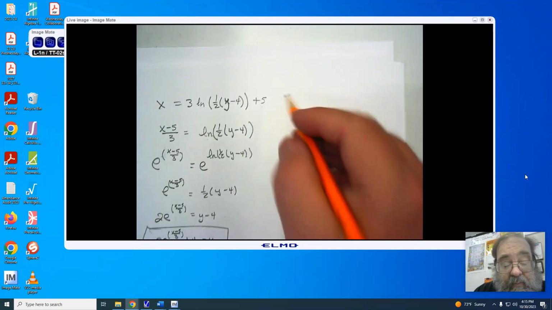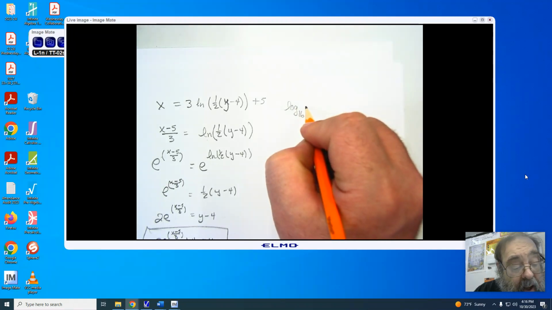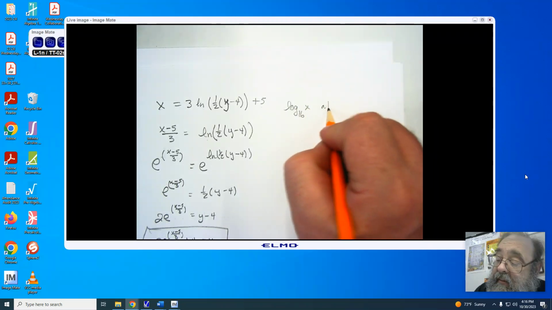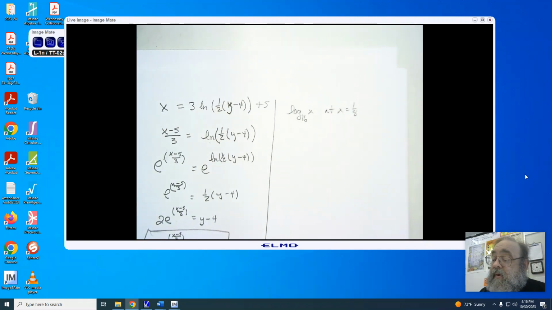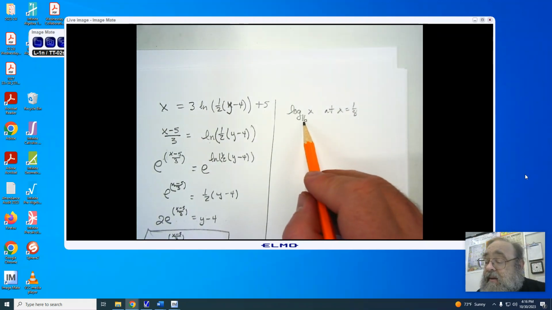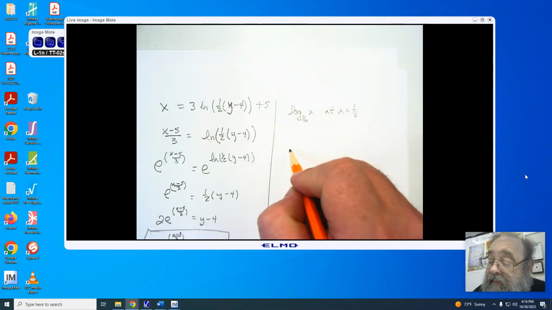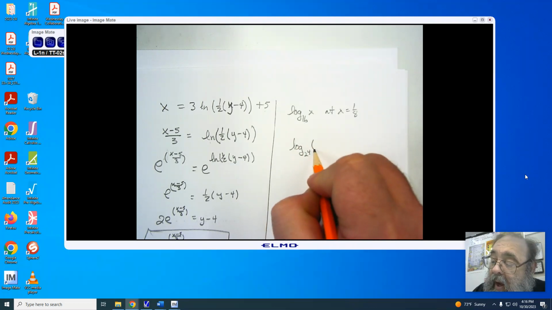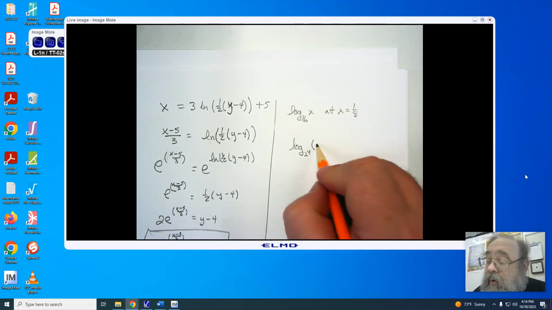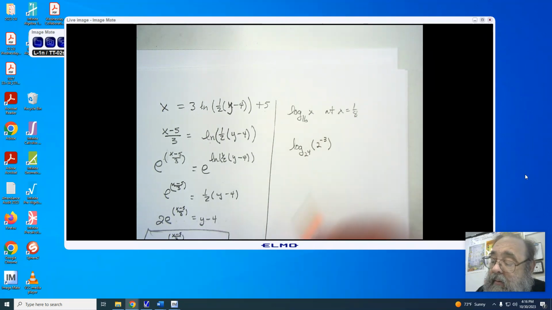Number 4 is where we are taking log base 16 of x at x equals 1/8. Well, first of all, I don't like that 16. I want to make it into a prime number. 2 to the 4th is 16. I don't like 1/8. I'm going to change it into 2 to the minus 3 power.